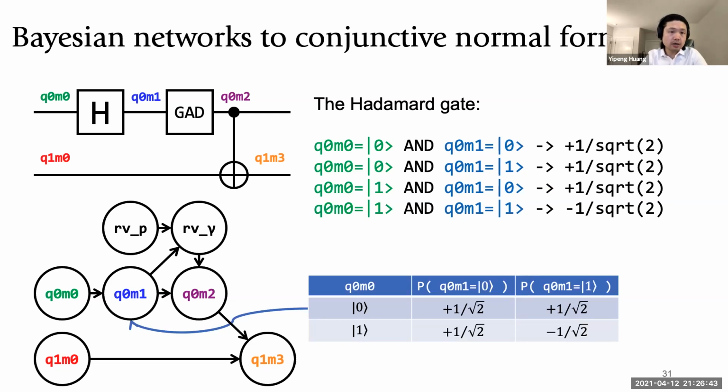So for example, here, we have other clauses that represent the semantics of a Hadamard gate, where depending on what the inputs to the Hadamard gate and what the outputs to the Hadamard gate are, these would lead to different weights in the final model that you want to find the weighted sum of.